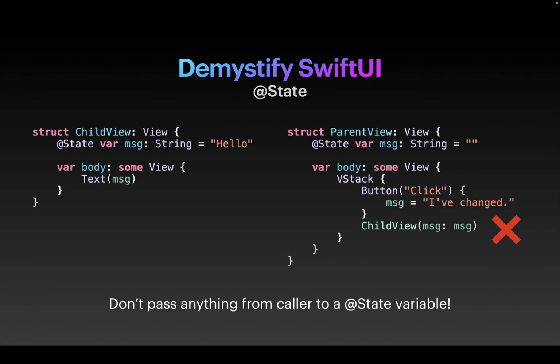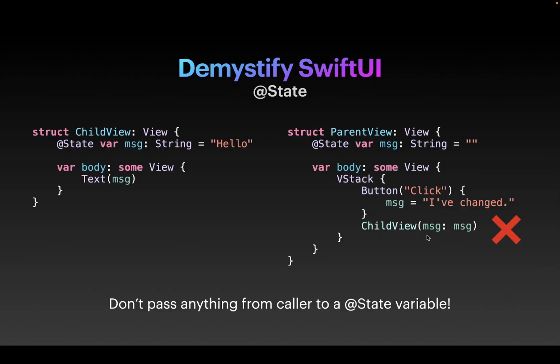And on the right, we have a parent view. Again, in this case, we have a message marked as @State. I have a VStack with a button and a child view. When I click the button, I want to change the message. But the thing is, I passed this message into the child view.